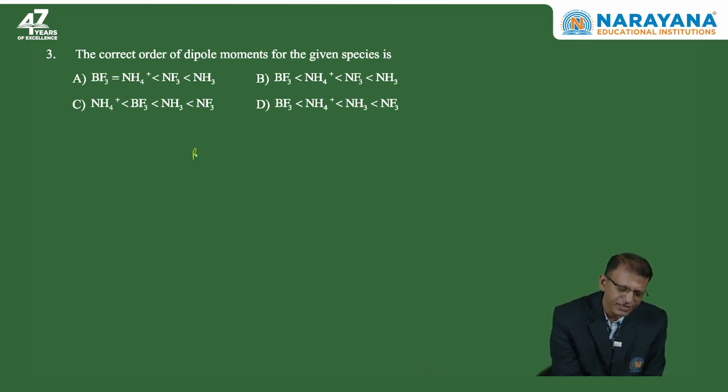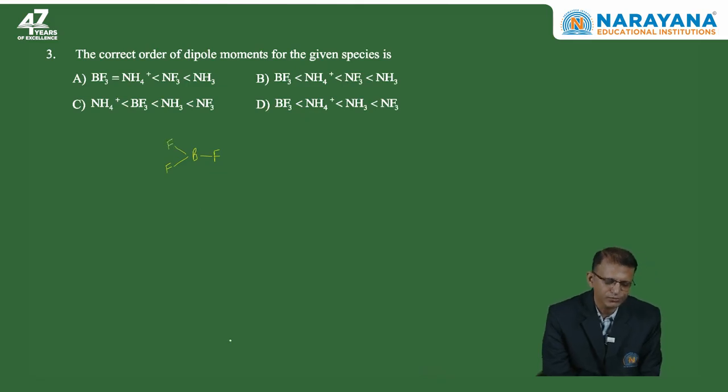For BF3, if we discuss the central atom, the hybridization of the central atom is sp2. So the fluorine atoms will be attached to this boron atom at an angle of 120 degrees. There is no lone pair over here.